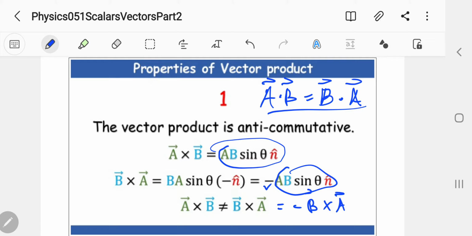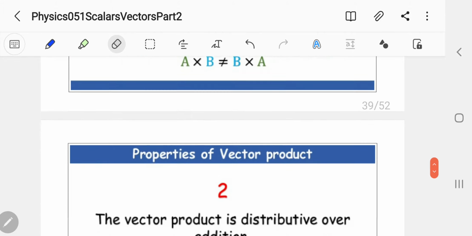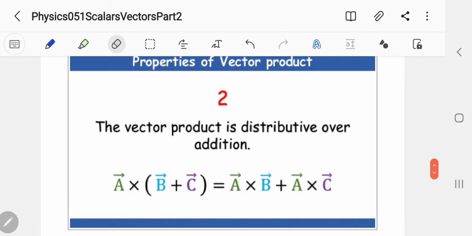So the vector product is not commutative, it is anti-commutative. However, it is distributive over addition. So you can distribute A to the sum of two vectors.